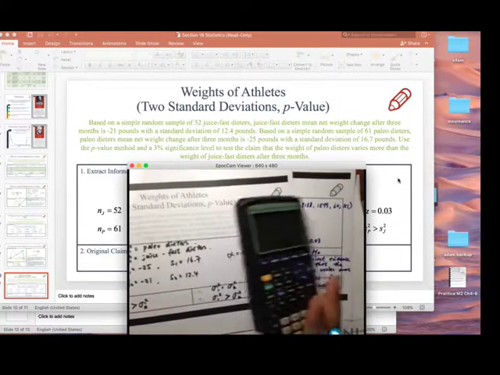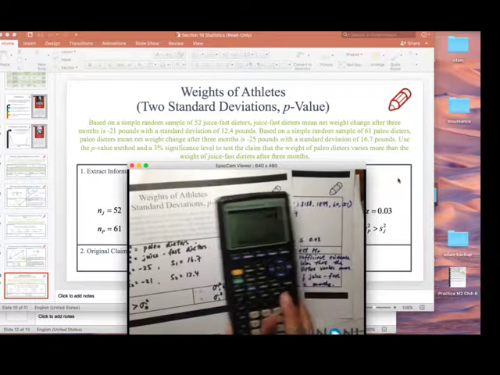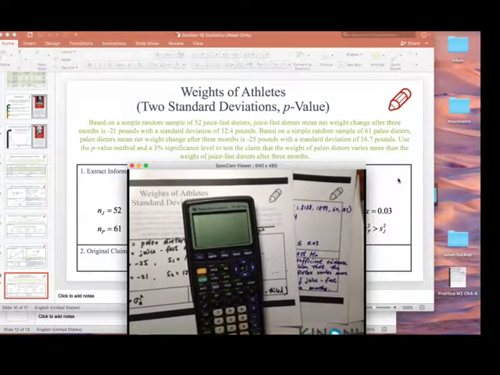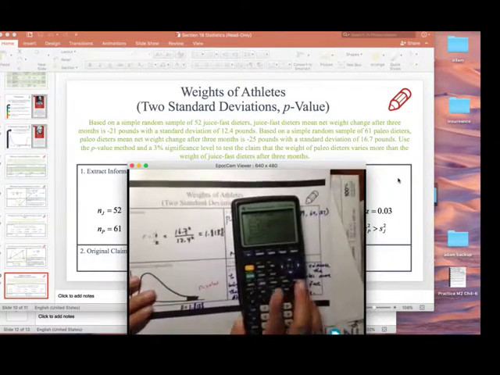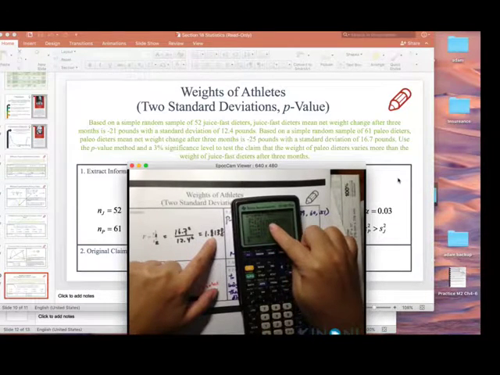And then we have greater than, for your alternate hypothesis. Okay, calculate. First, you have the test statistic 1.8138.